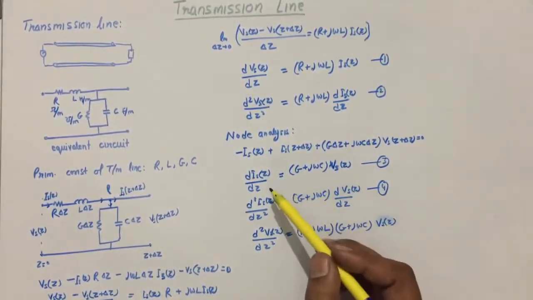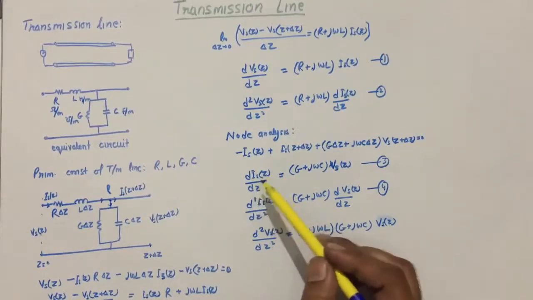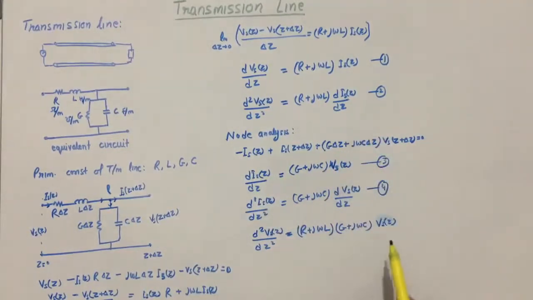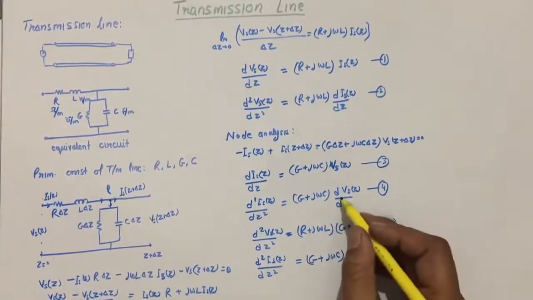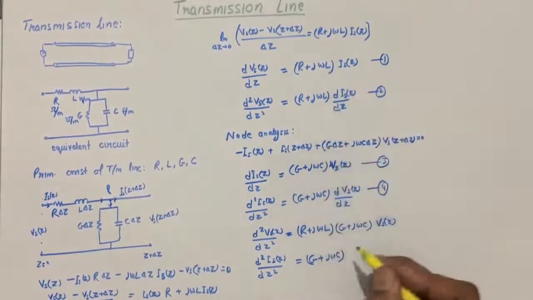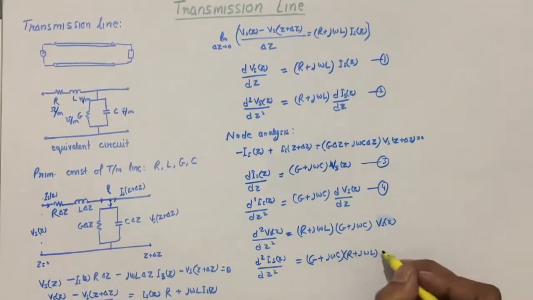I am putting the value of this here, then we are finding the voltage wave equation. Similarly, we can find the current wave equation. G + jωC multiplied with the value of this from here, so (R + jωL) times I_s(z).